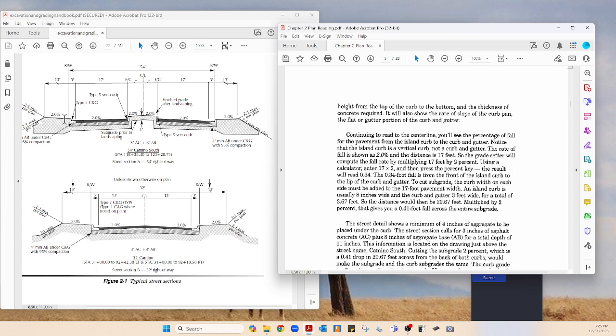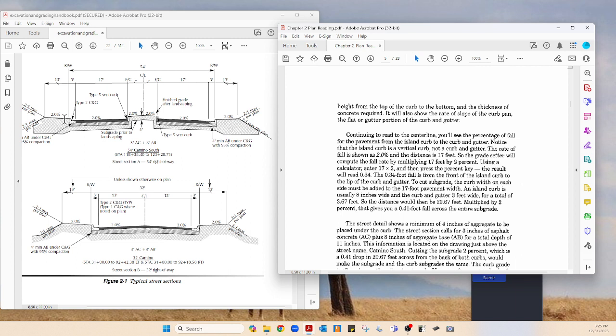You multiply it by 0.02, the way I usually do it, and the way I've had us do it back in grade 1. But you can just take the 2, multiply it times your horizontal, because you're taking the vertical and multiplying it times the horizontal, or the fall, and it'll give you 0.26. So that'd be your cut.